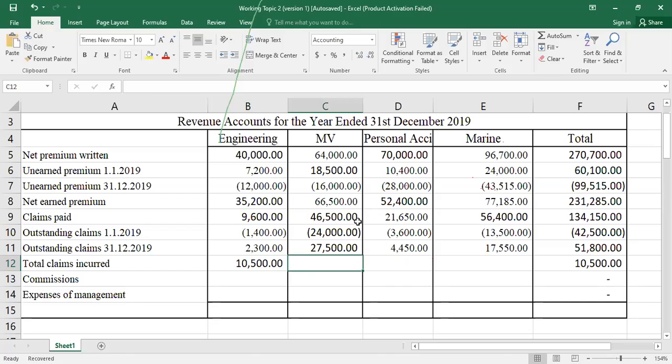Then 46,500 less 24,000. Then we add back 27,500. That is 50,000. Then we have for personal accident, 21,650, we less 36, we add 4,450.